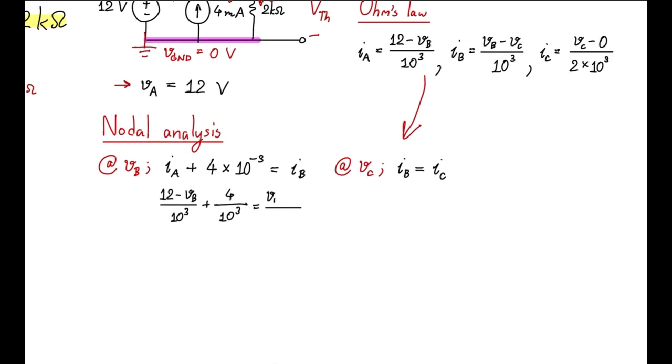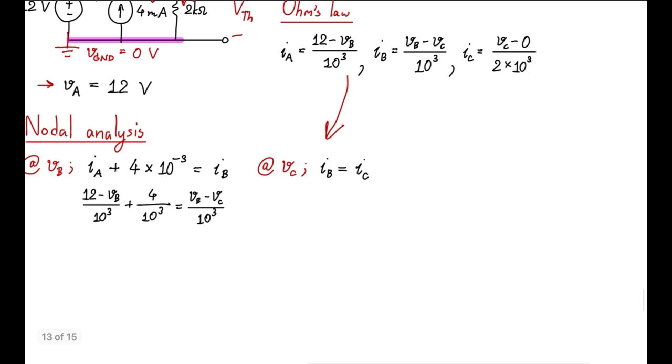Substituting them back into the original equations, we can now solve for the voltage at node C, which is equal to the Thevenin voltage.